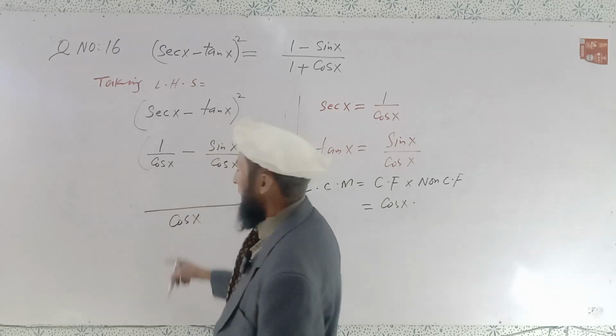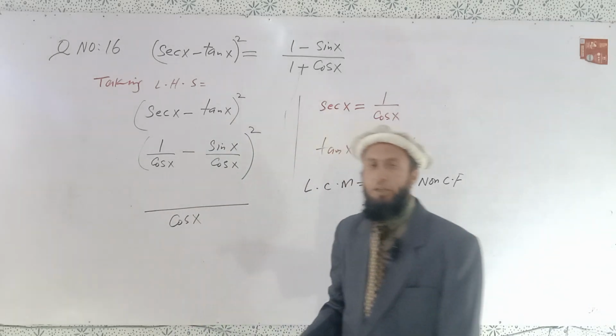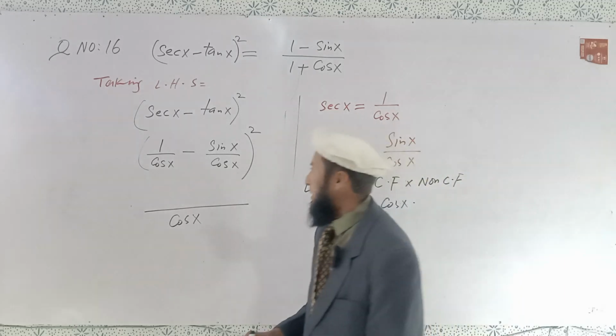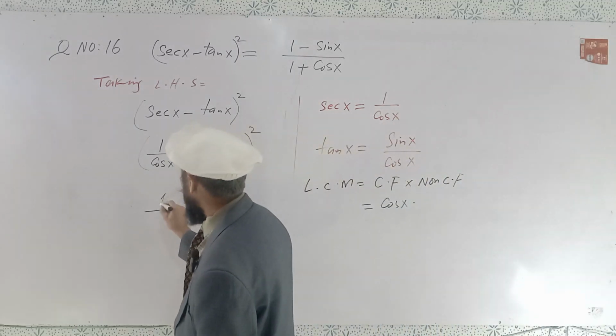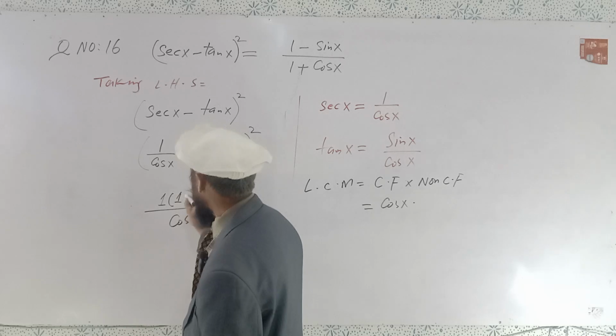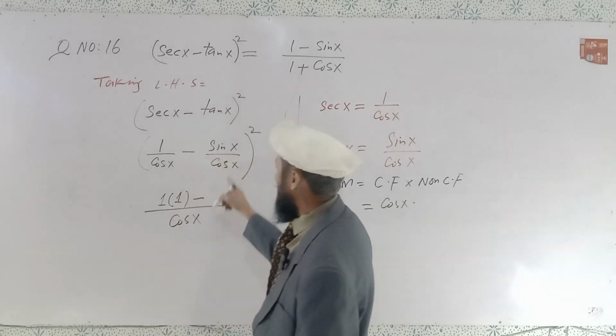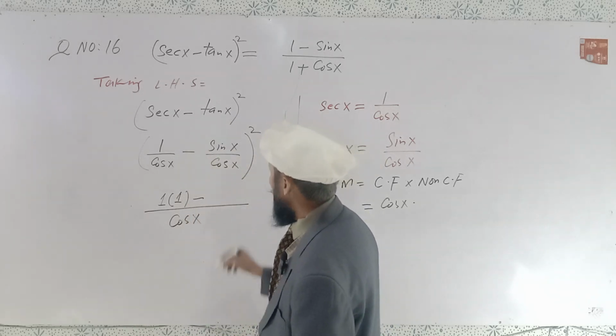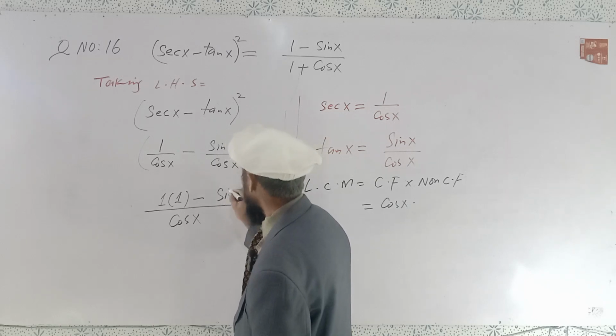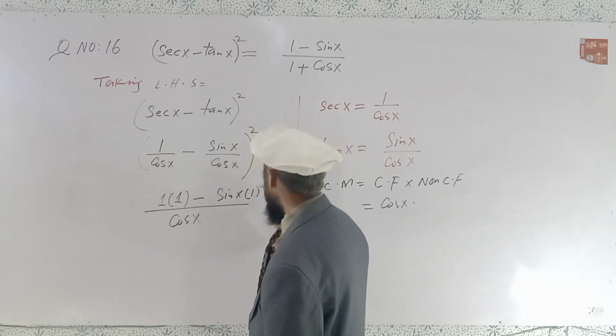Cos x divided by cos x, denominator divided by denominator, we get 1, and 1 is multiplied to the numerator, 1 multiplied by 1. Similarly, cos x divided by cos x gives 1, and sin x is multiplied by 1.